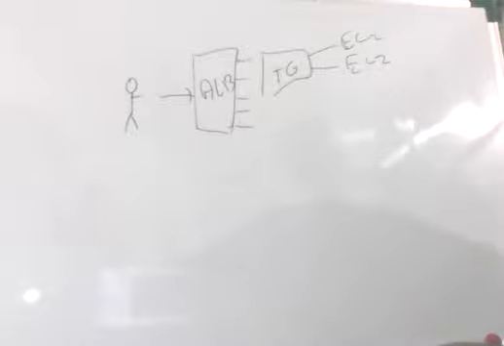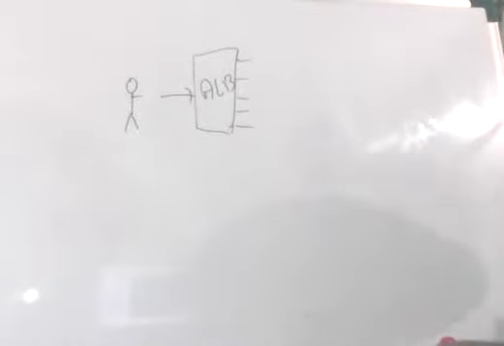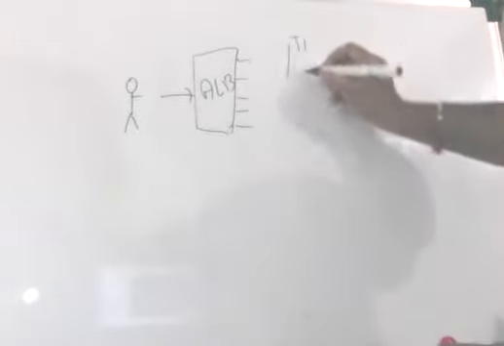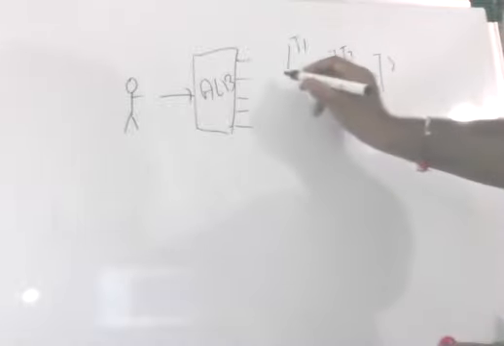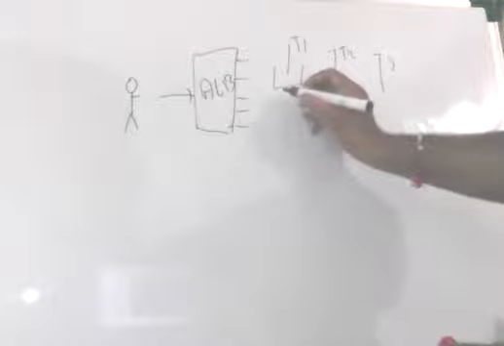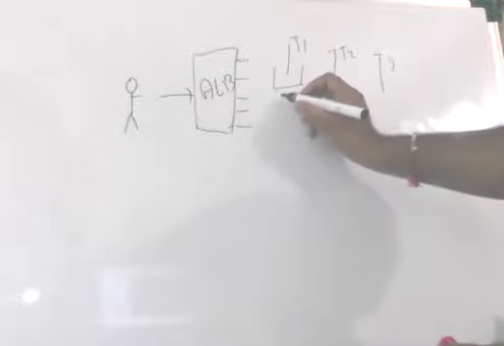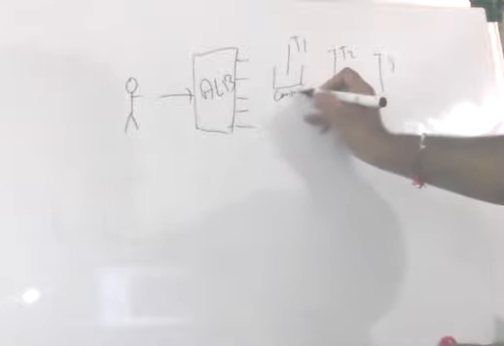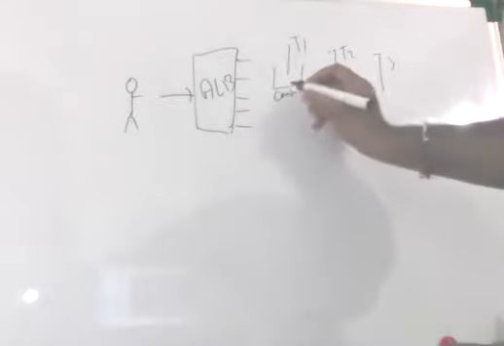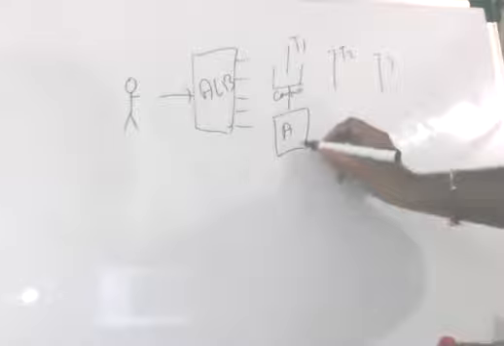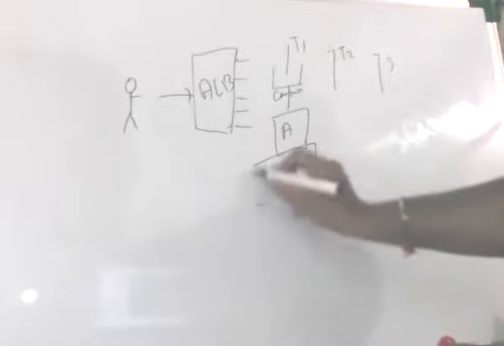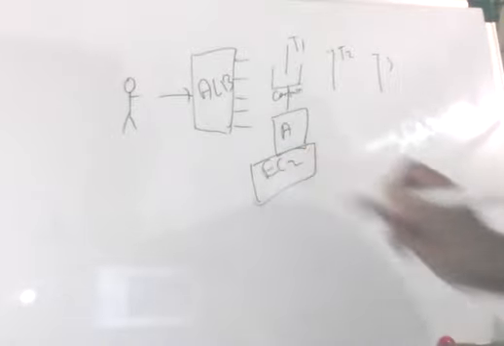Here also you will see the same scenario, but instead of EC2 there are tasks T1, T2, T3, and these tasks are inside the container. That container is inside the agent, and agents are inside the EC2.